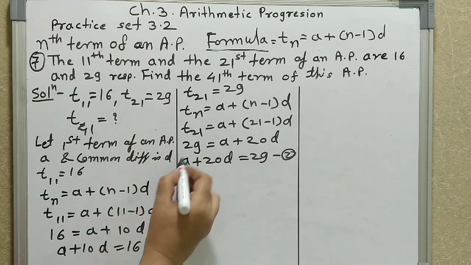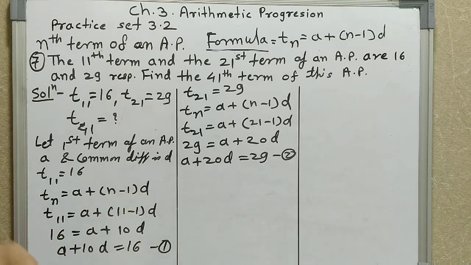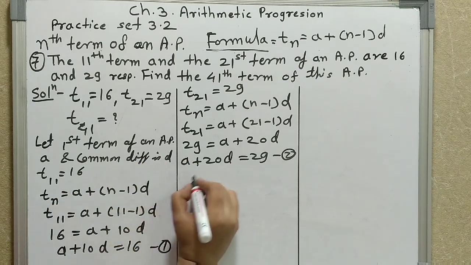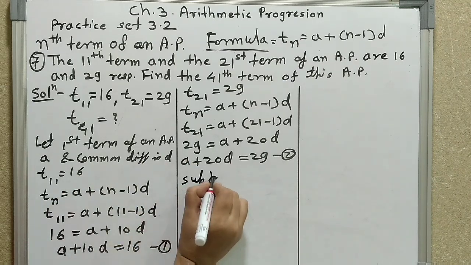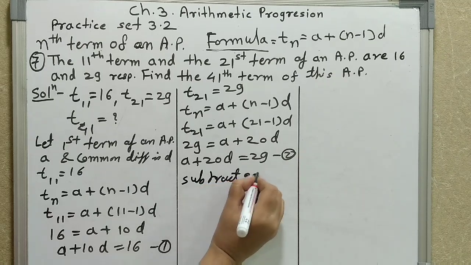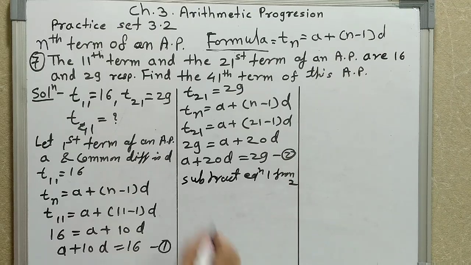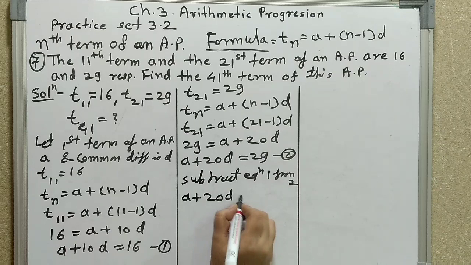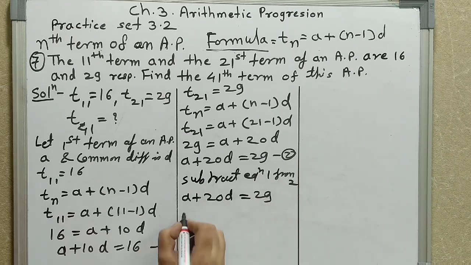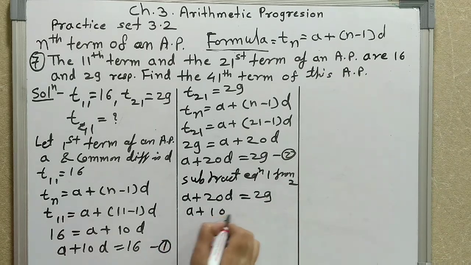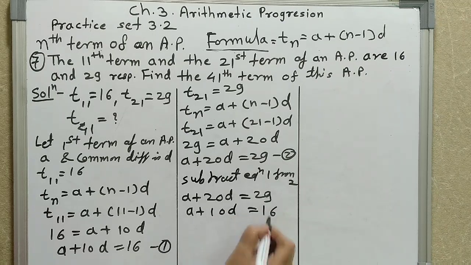This is the second. Here A is the same in both, with the same sign, not opposite. So we subtract equation 1 from equation 2. We write here A plus 20D is equal to 29, and A plus 10D is equal to 16.